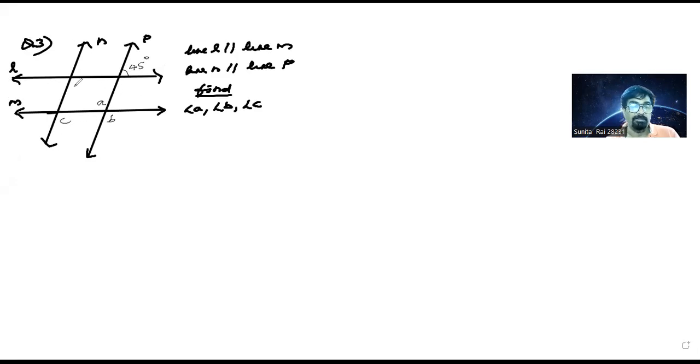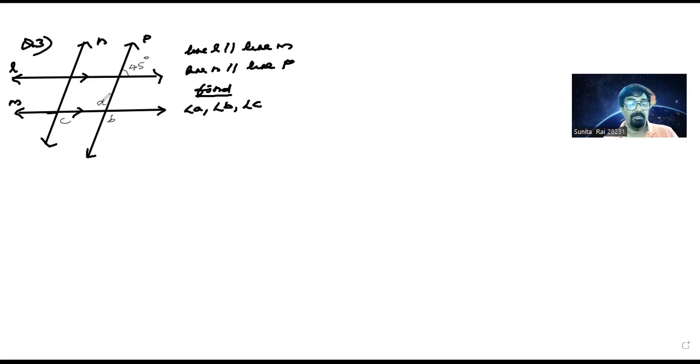When I look at this, children, please have a look here. The 45 degrees lies on transversal P. Can you see here? Transversal P for parallel lines L and M. L and M are parallel. Can you see I put arrows? And it lies on transversal P. Why did I search for transversal P?